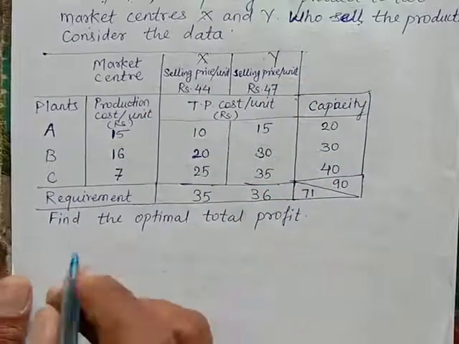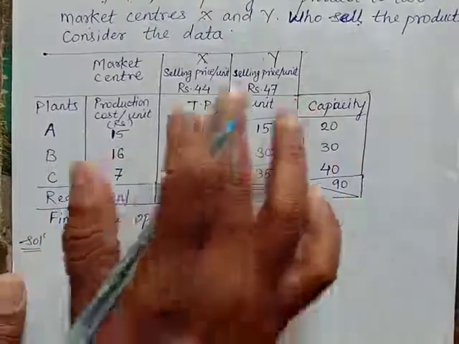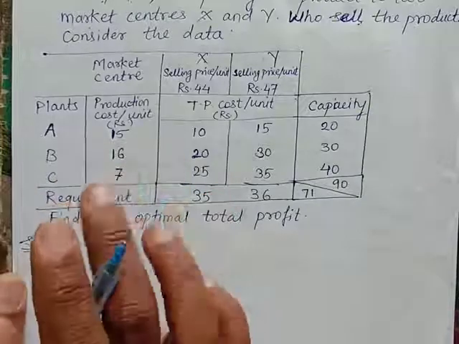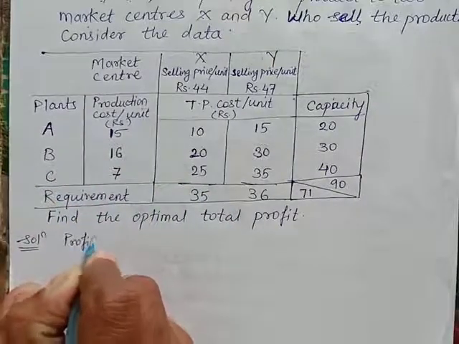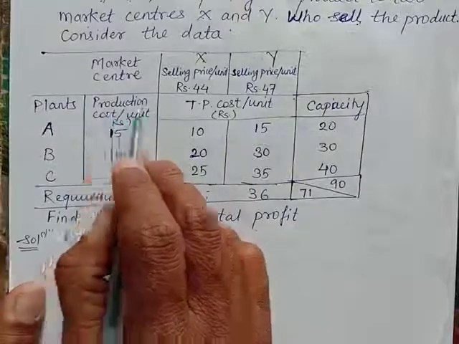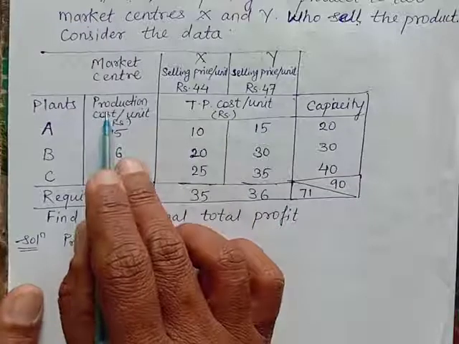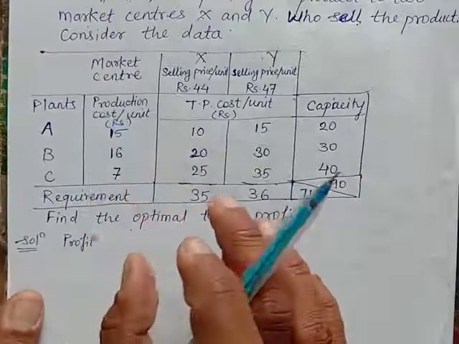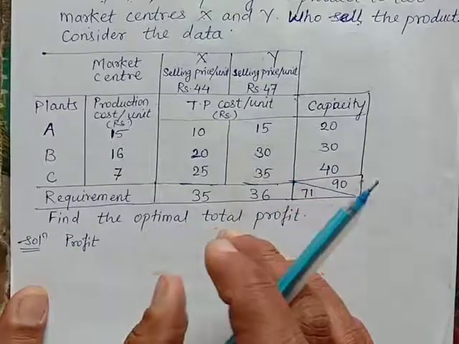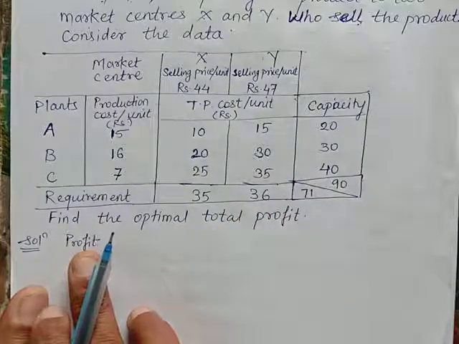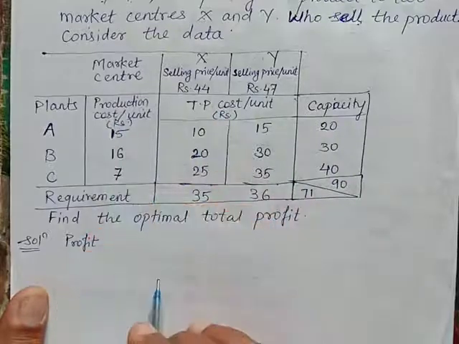I had already taught you what these things are. Now for finding profit, we have production cost and transportation cost. If anyone produces something, then while determining profit, he must eliminate these things from the selling price, and that will be the remaining profit.